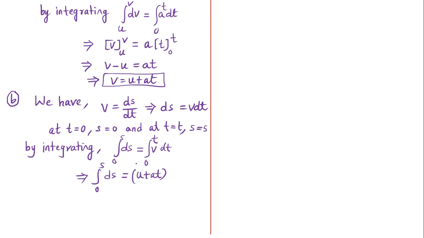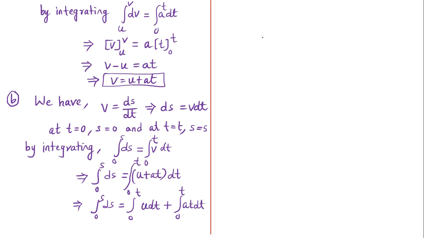So integration from 0 to s of ds equals integration from 0 to t of u dt plus integration from 0 to t of at dt.